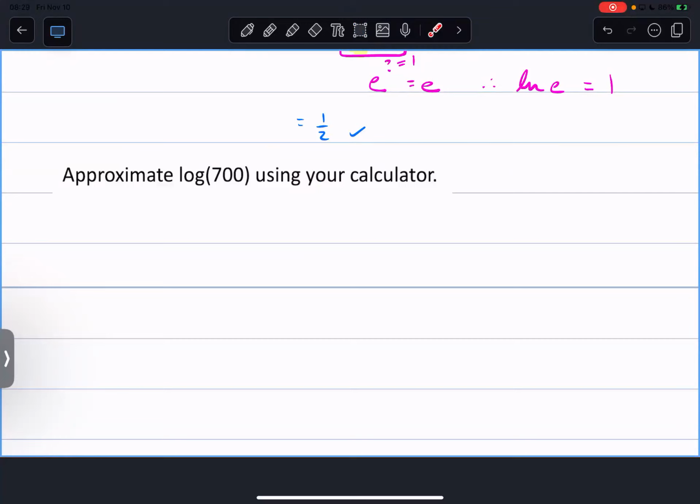I'm going to guess it's not anything nice. Log base 10 of 700, we get approximately 2.845098804.